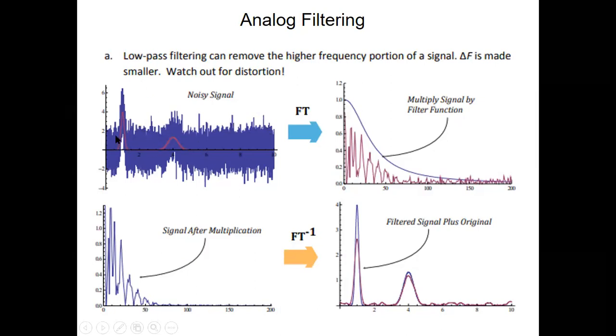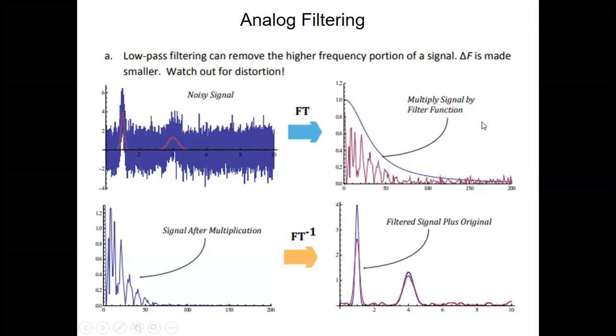I hope you can clearly see this peak and this peak here are the peaks of interest, but it is difficult for us to distinguish the peaks from the noise because the noise is high in this spectrum.